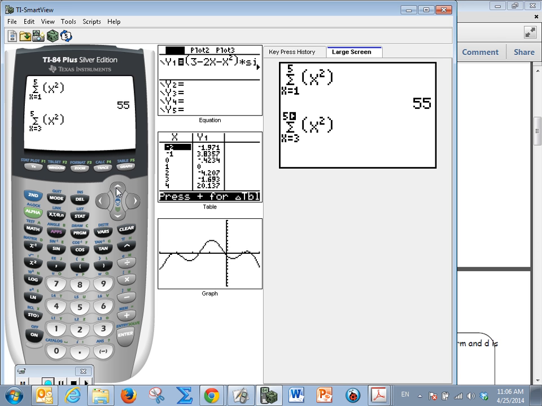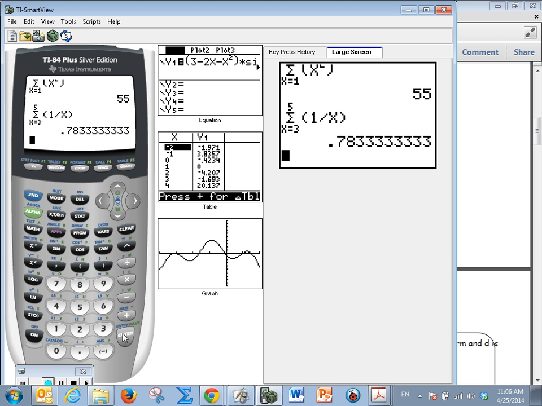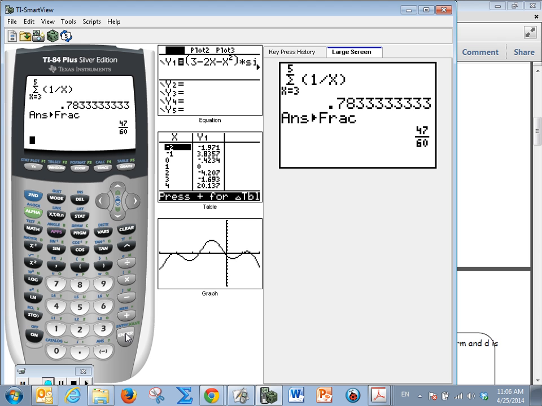And it is 1 over, so it's 1 divided by x. Now if I want it in fraction form, I get my 47/60.